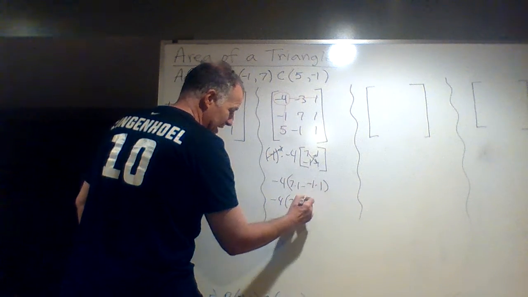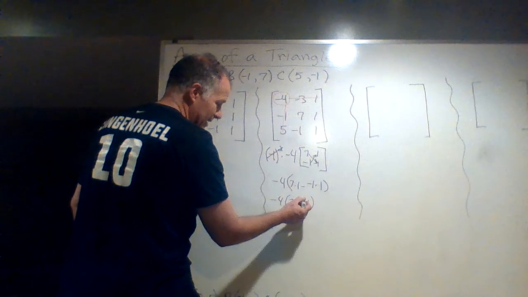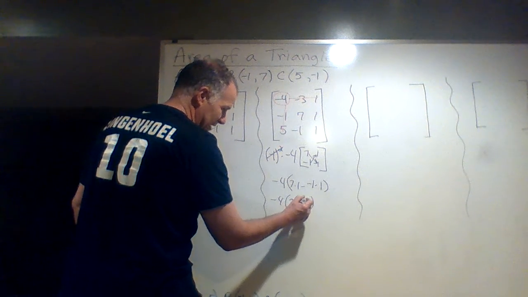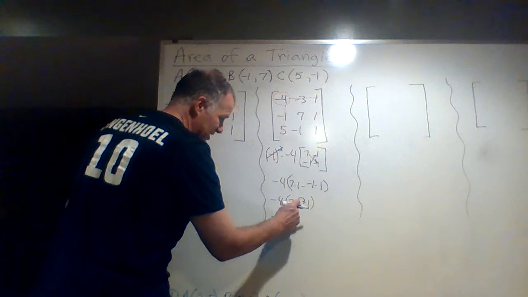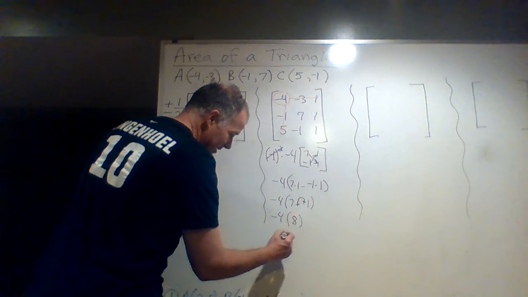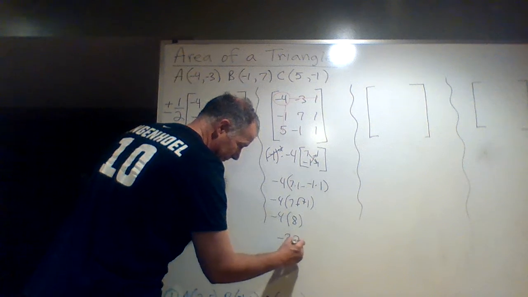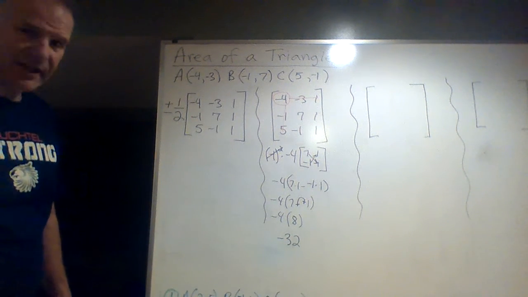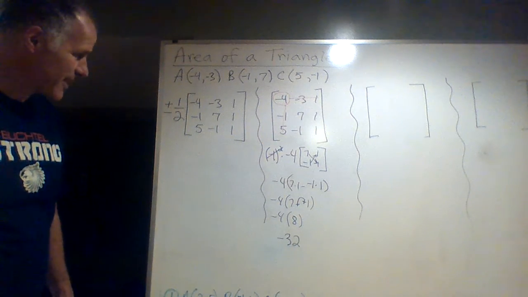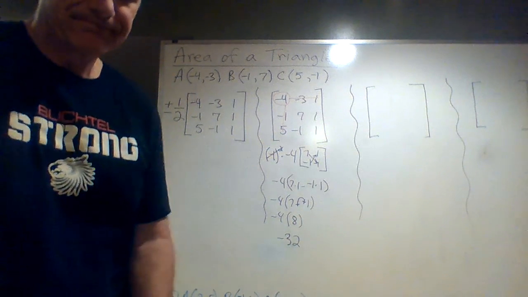Minus -1 times 1 is a -1. Now remember this right here, that double negative is going to turn positive. So -4 times, okay, 7 plus 1 is 8. So this is going to come out -32. Okay, everybody see that? So -32.